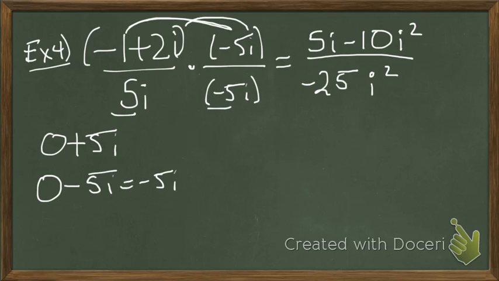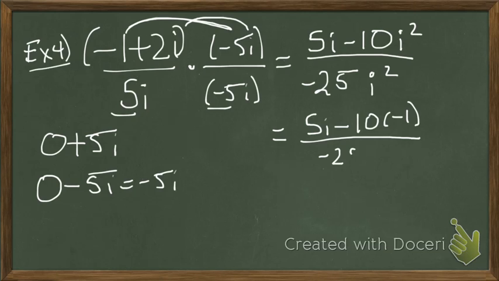Let's see if we can simplify. The numerator will be 5i minus 10i squared, and remember, i squared is the same as negative 1. In the bottom, we have negative 25i squared, and i squared is the same as negative 1. So the numerator becomes 5i plus 10. The denominator is really positive 25.